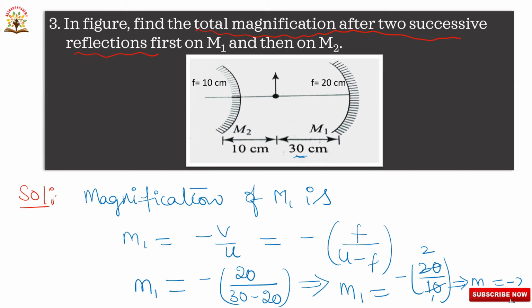Next we are finding V, which is equal to minus M1 into U. M1 is equal to minus 2, and U is 30.